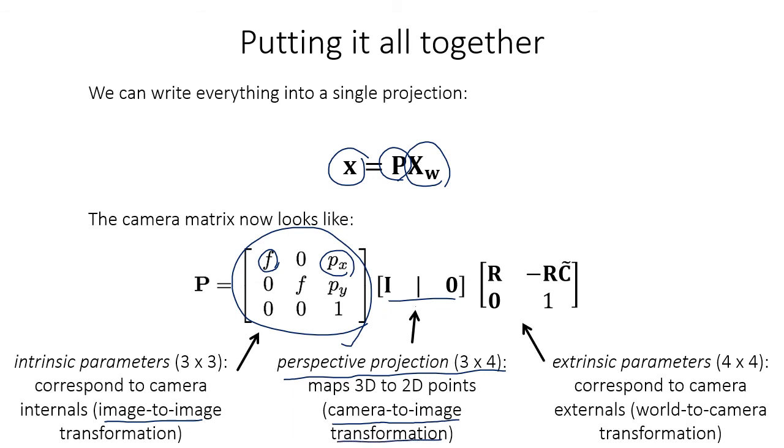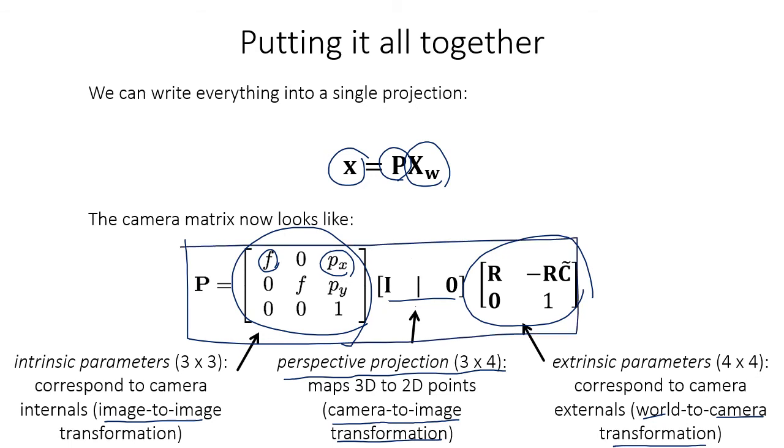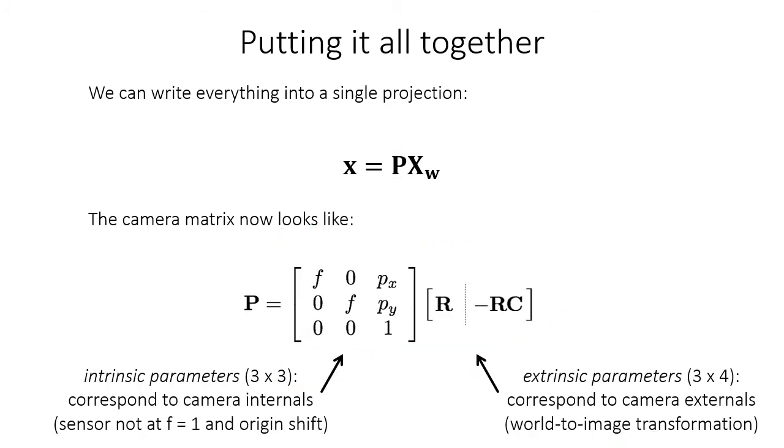And this is extrinsic parameters, and it corresponds to camera externals. So it explains world to camera transformation. So this equation is very important to understand the camera geometries. We can rewrite the previous equation as shown here.